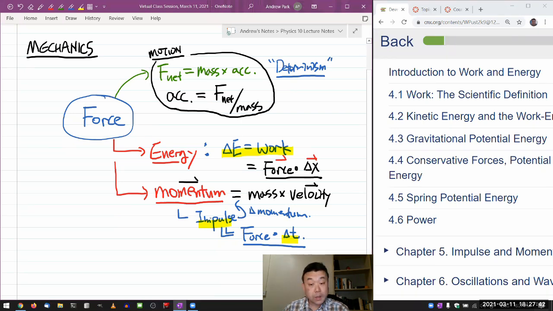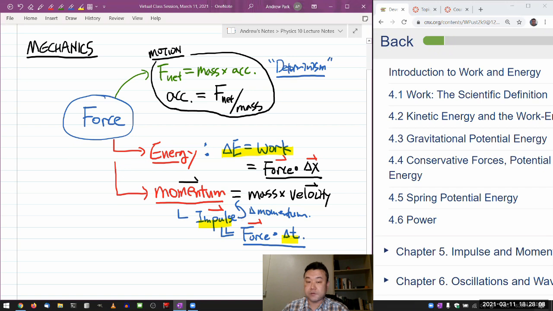With impulse, it's a force times duration of time, and duration of time is not a vector. You could call it a scalar. It doesn't have a direction. So impulse is just a force vector times some scalar, and impulse, like momentum, has a sense of direction.